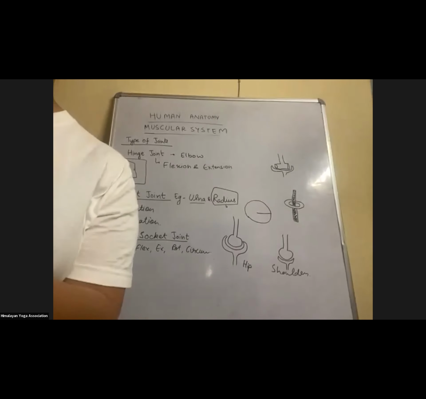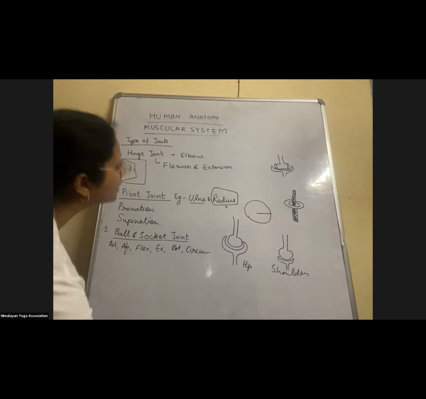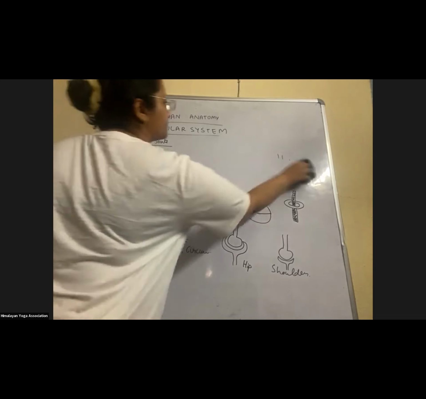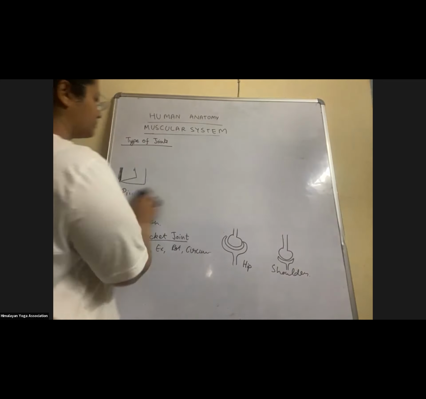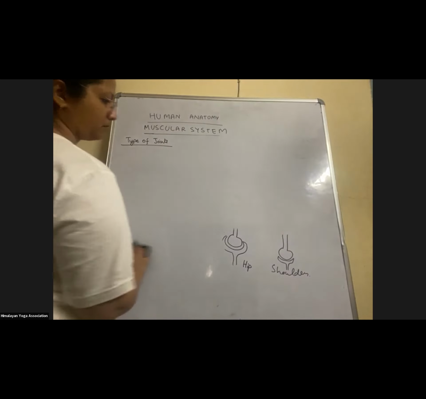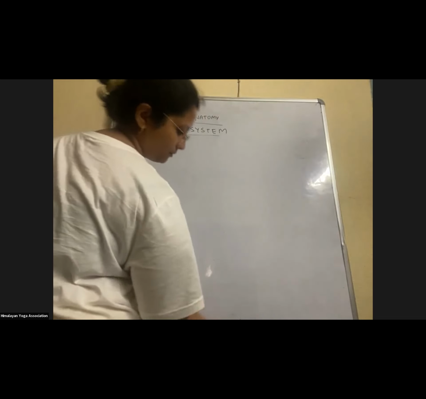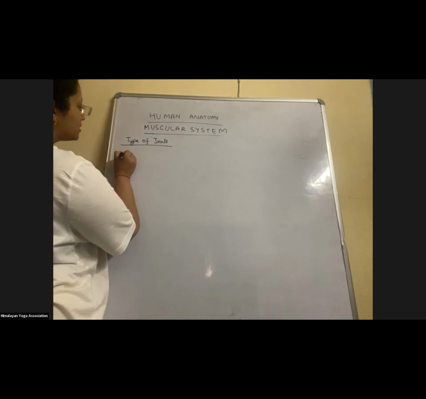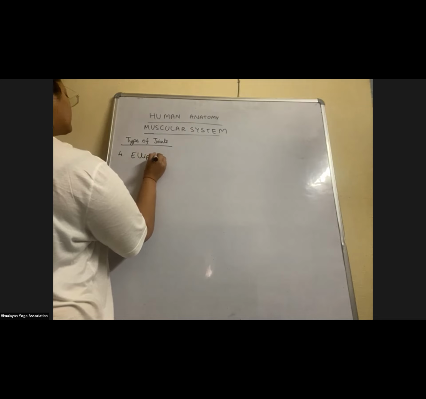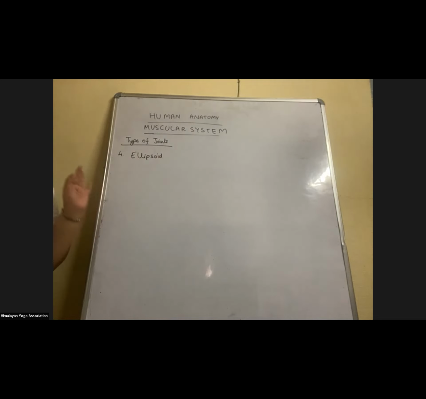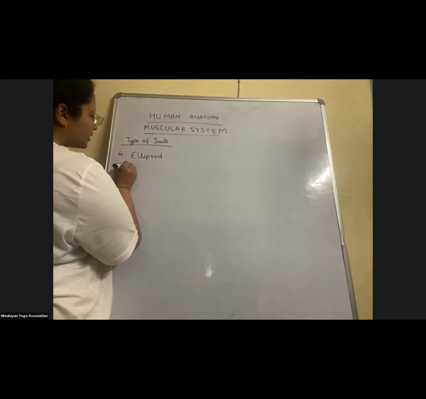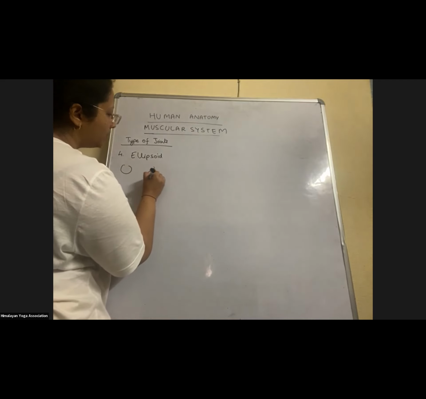Okay, next is ellipsoid. It is just like ball and socket. In ball and socket it was round. Here it is more like oval.